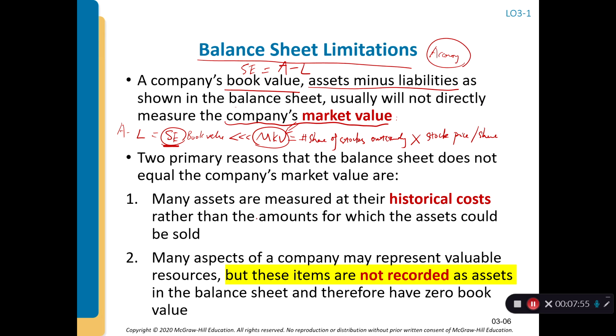value. The first reason is that many assets, as we know, are measured at historical cost rather than the amount for which the asset could be sold, right? For example, if we bought a building, say in 2008, at that time the real estate market had really crashed.